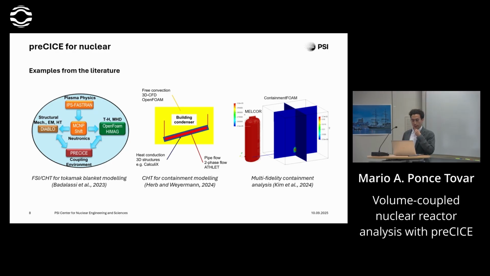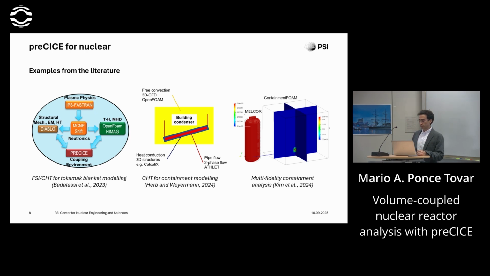And I encountered, of course, that there are some examples in the general field of nuclear power where it's been used. There was a previous talk at one of the preCICE workshops where it was used for modeling tokamak blanket for fusion power. That's on the left-hand side.